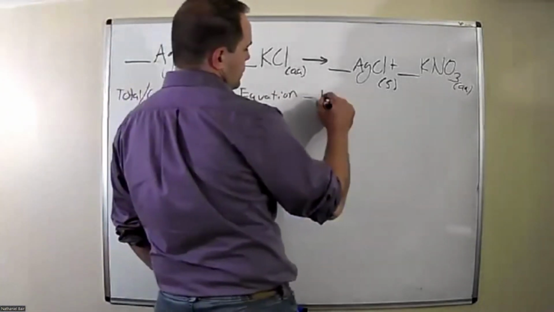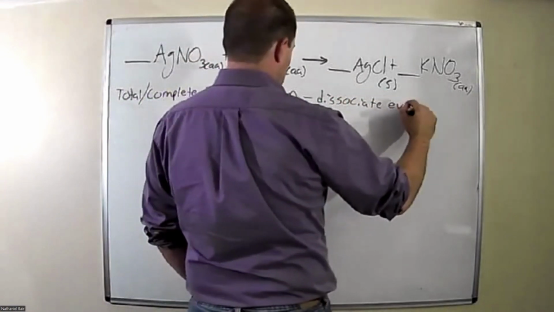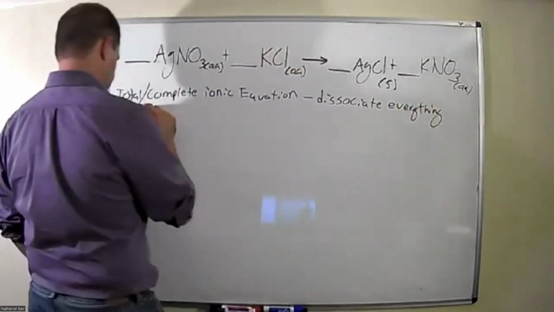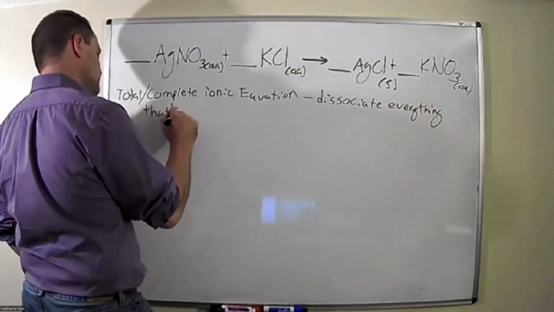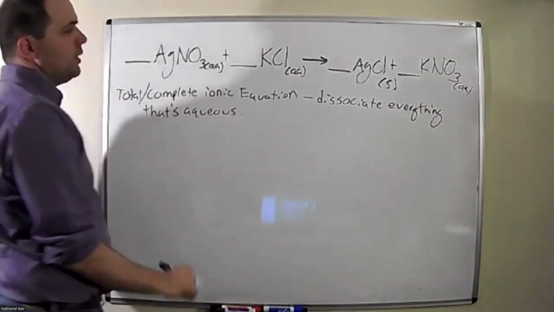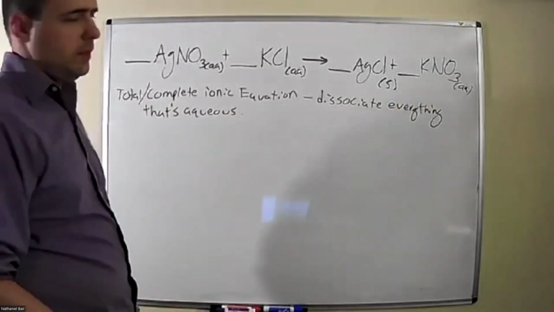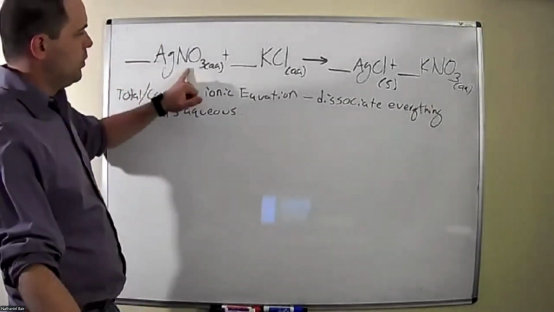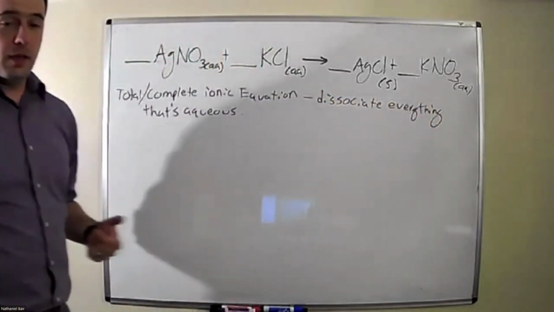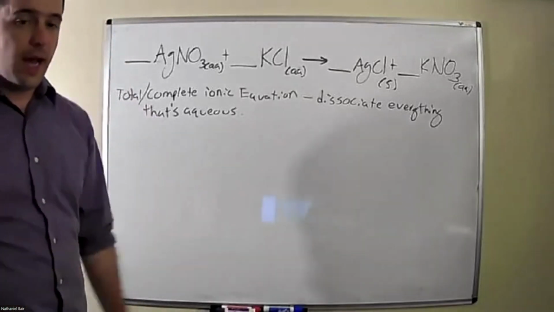So we're going to write the total complete ionic equation for this reaction. We're going to break apart everything that's aqueous into its ions, because that's what it would look like, actually dissolved in water as its ions.